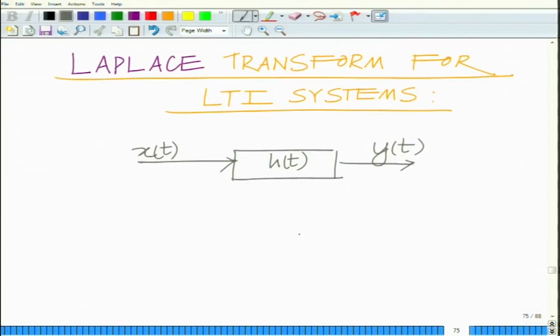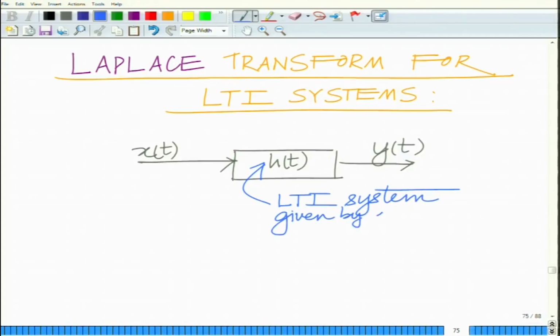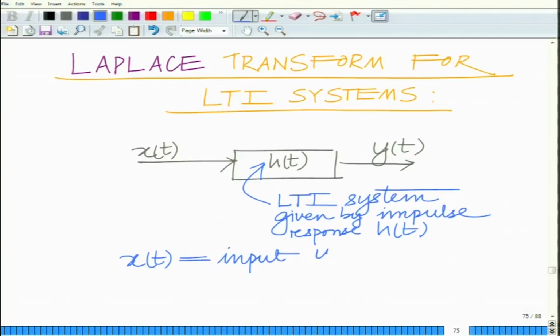So this is the LTI system, h(t), where x(t) is the input and y(t) is the output of the LTI system.